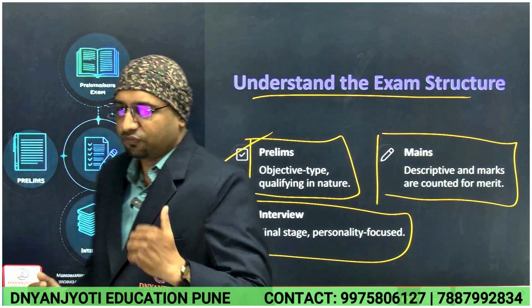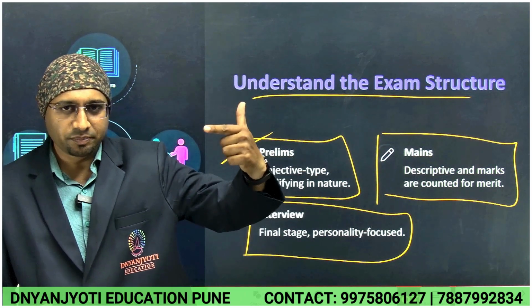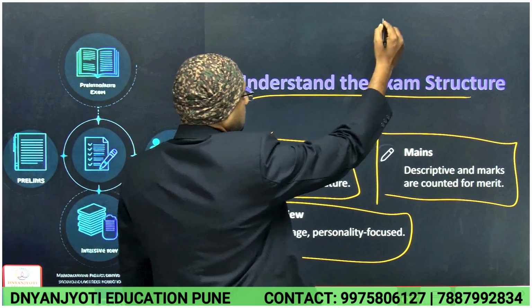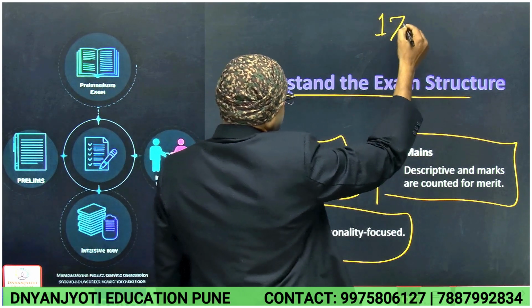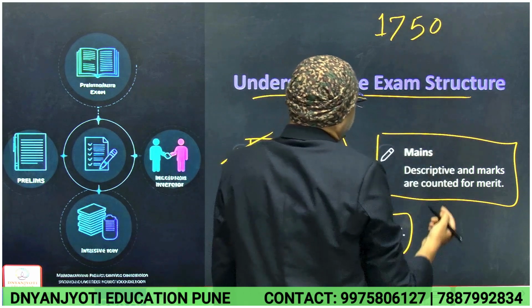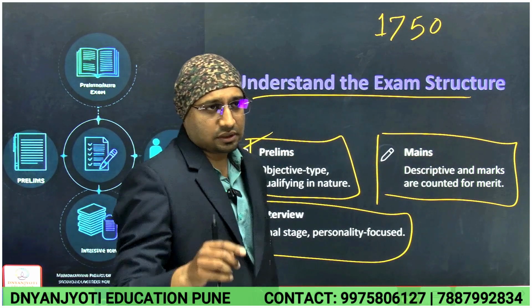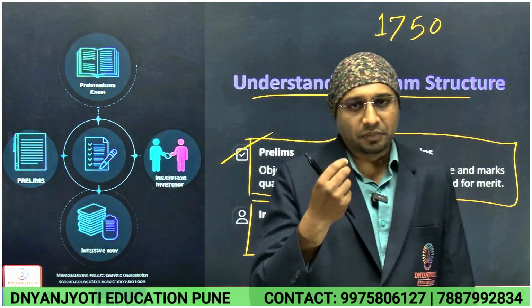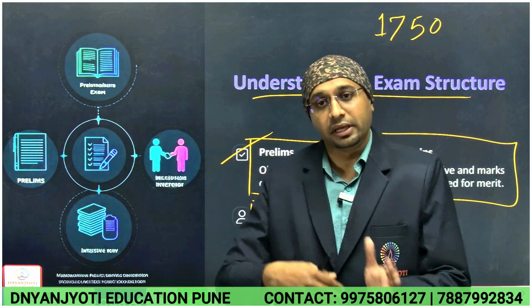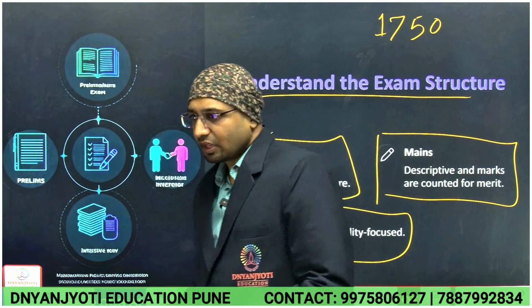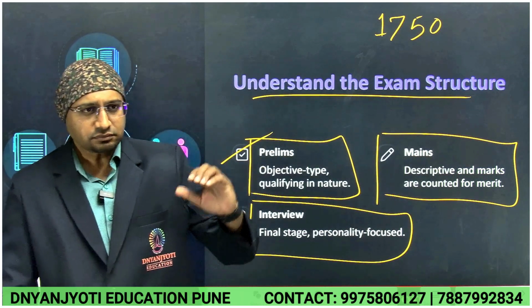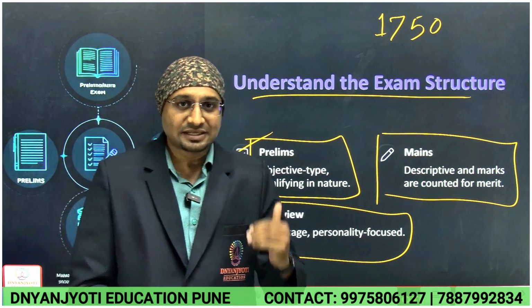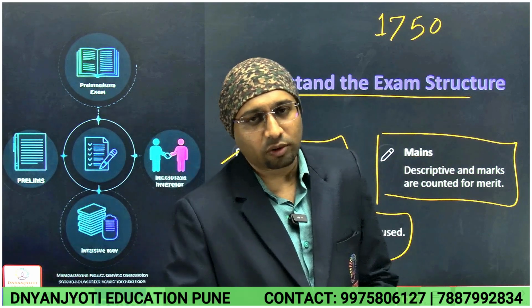If you check the examination pattern, you will find that the mains examination will be for 1750 marks, and this includes 9 papers, in which 2 papers are of language: first one will be Marathi language, another one will be English language. Then you will find other subjects like essay, then 4 papers of GS, that is general studies, followed by optional papers.